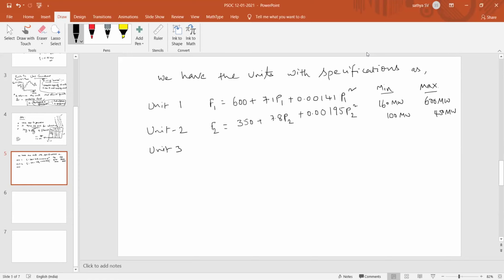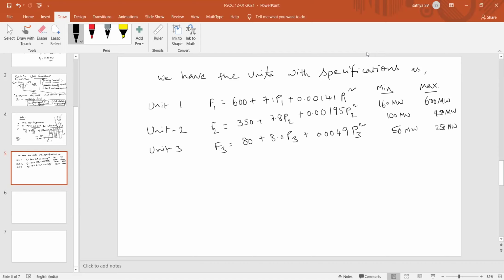Like that, the third unit: F3 = 80 + 8.0 P3 + 0.0049 P3 square. For unit 3, the minimum is 50 and the maximum is 250.